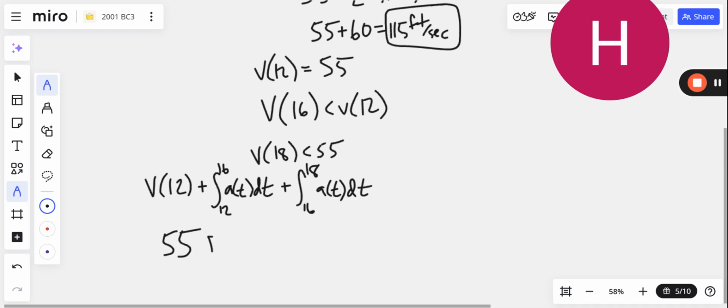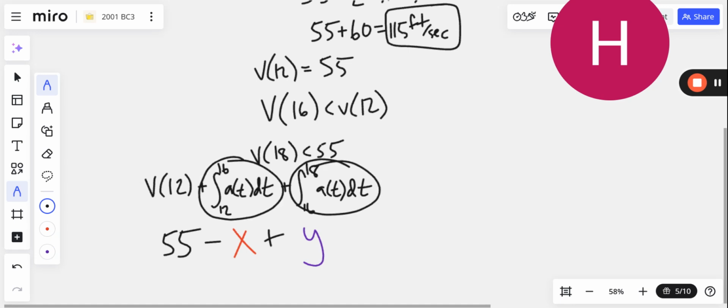Basically, this integral subtracts more than this adds, so therefore this has to be less than 55.